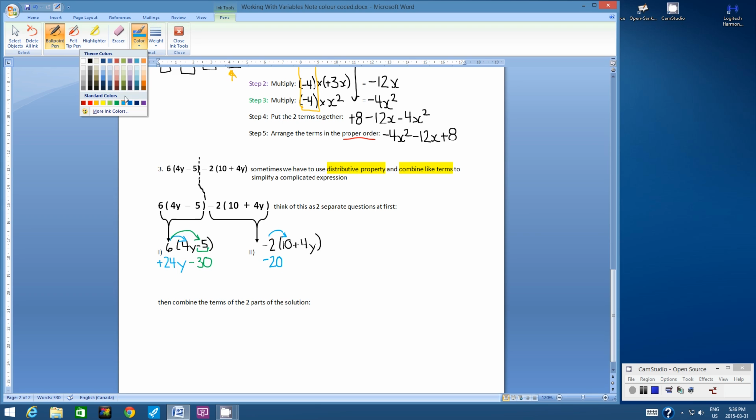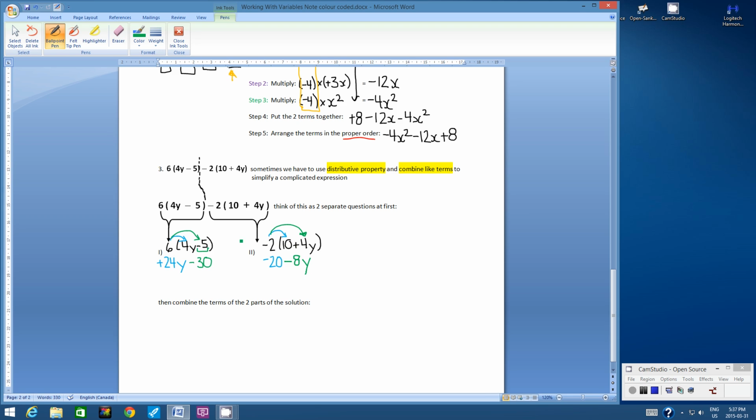That's the first step. Now let's multiply what's on the outside with the next term, which is positive 4y. So what's negative 2 times positive 4y? Let's just look at the numbers first. Negative 2 times positive 4. Negative times a positive is going to be negative. Negative 2 times 4 is 8, and then we'll just put the y here.